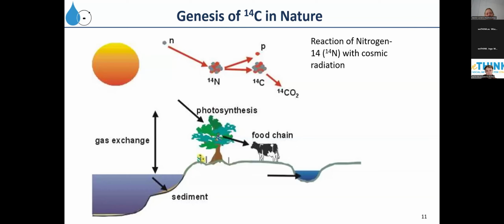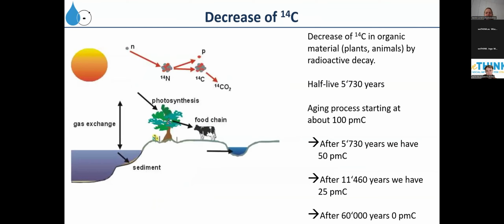There's also a total gas exchange with the ocean. So sediments and mussels and things like that in the oceans also have 100% modern carbon. Then the only decrease of carbon-14 in organic material is by radioactive decay.